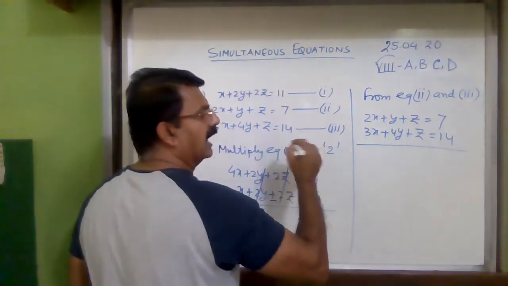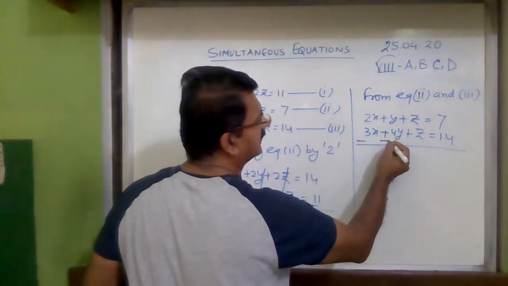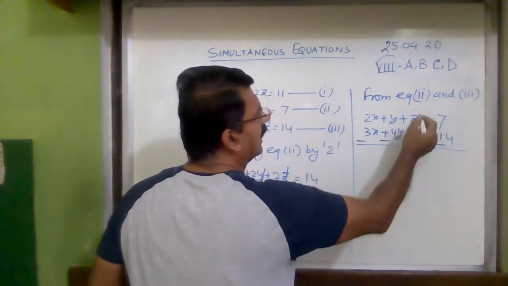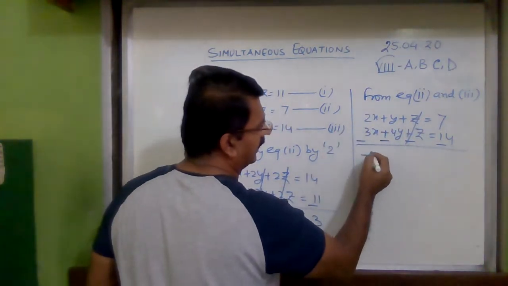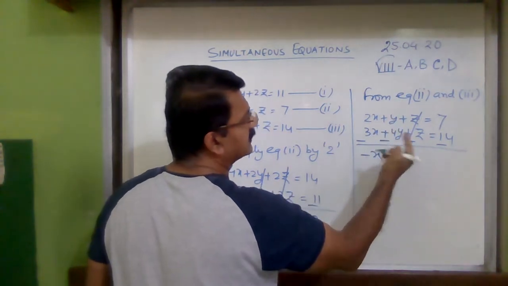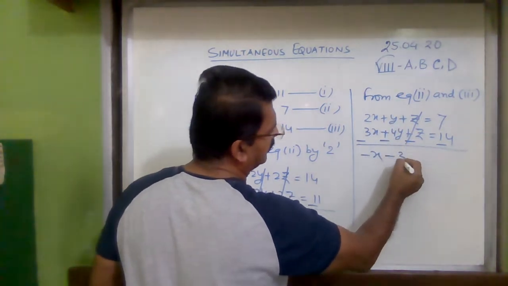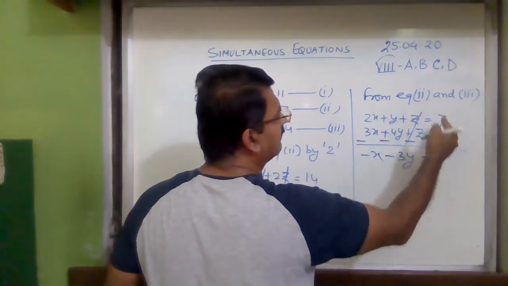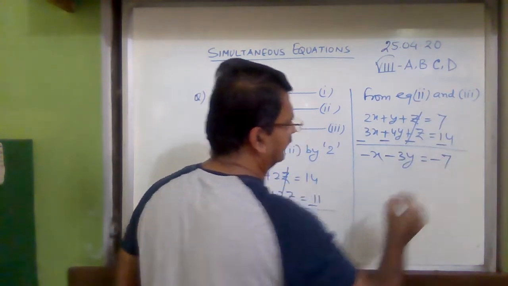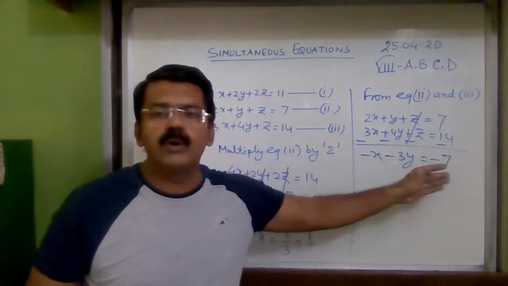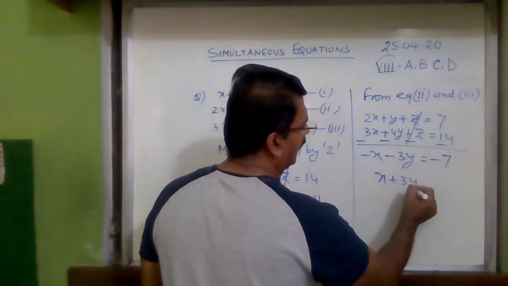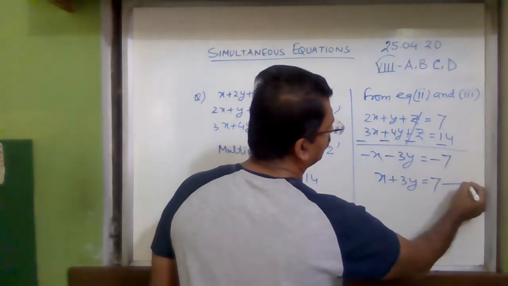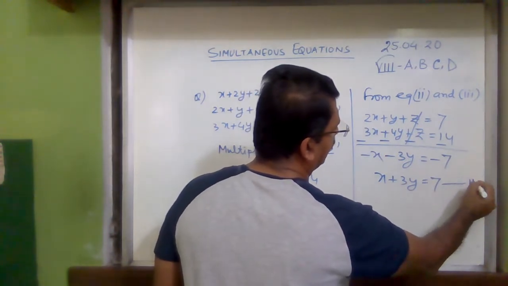And now again you change the sign, minus, minus, minus and minus. Plus and minus cancel out. 2x minus 3x will be minus x. y minus 4y will be minus 3y is equal to 7 minus 14, which is minus 7. If you multiply the whole equation by a negative sign, then it will be x plus 3y is equal to 7. You can say this is equation number 4.